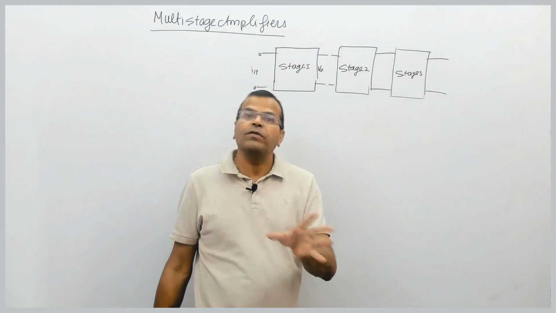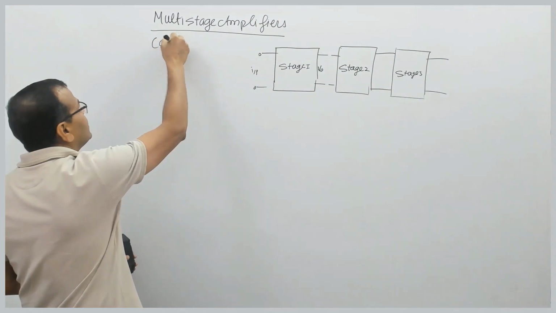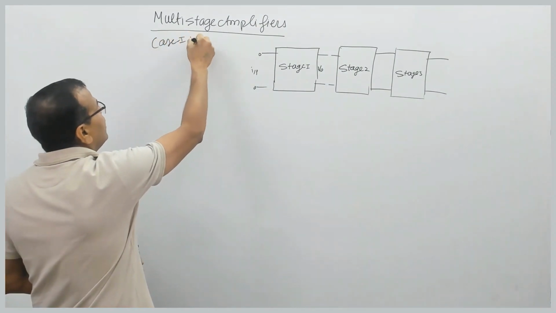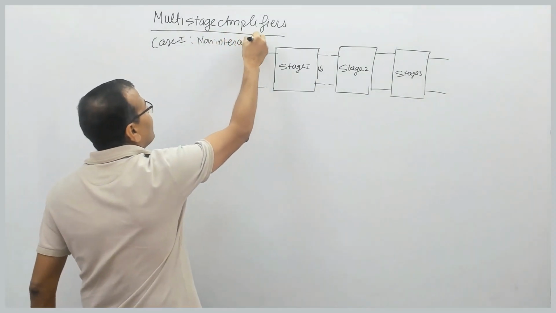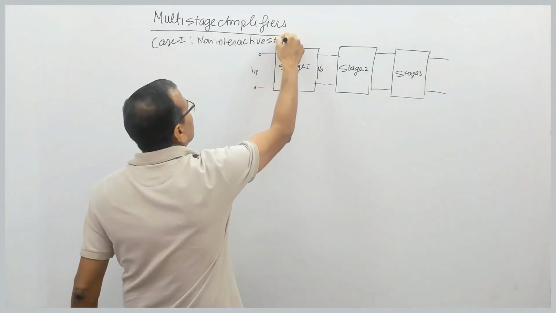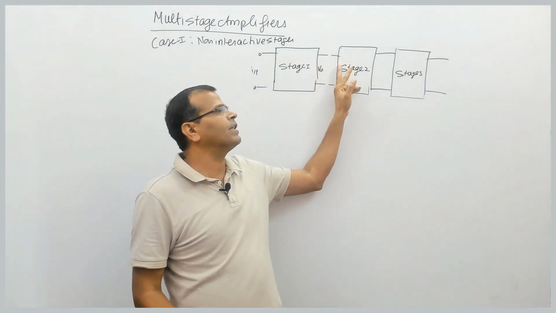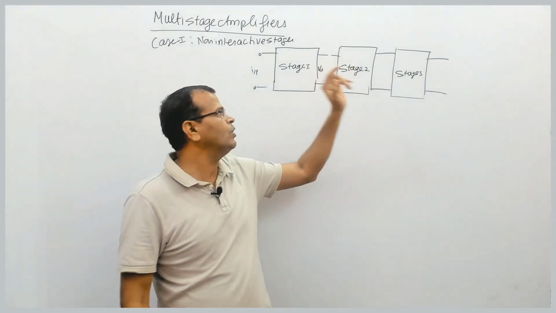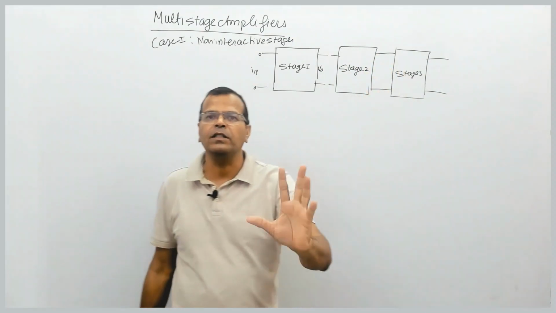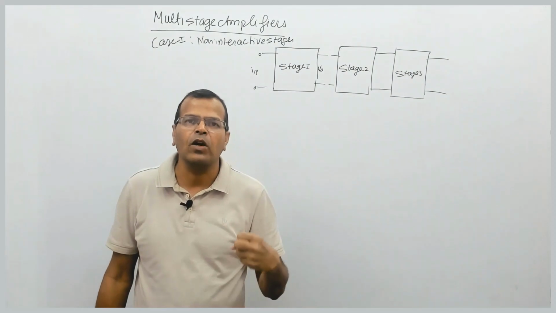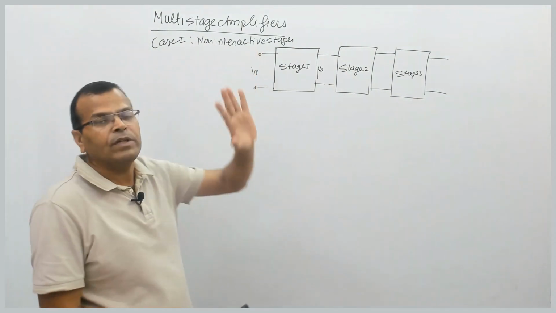That is not always the case. We will see it one by one. So I'll be talking about two cases now. Case 1, non-interactive stages. When the output of one stage is not affected by the input impedance of the next stage, those types of stages are called non-interactive stages.